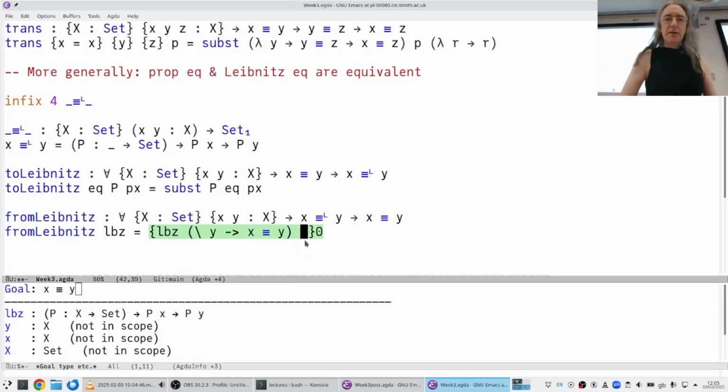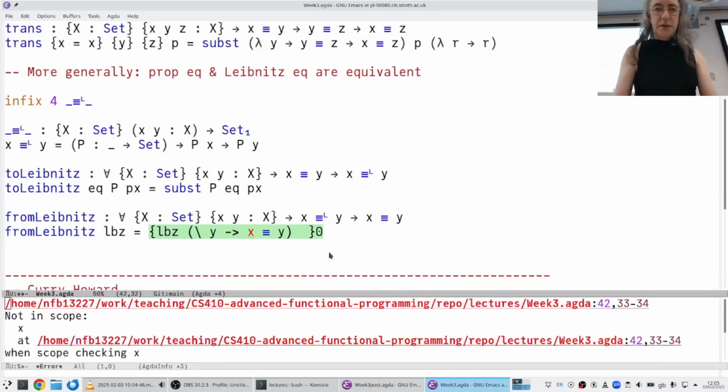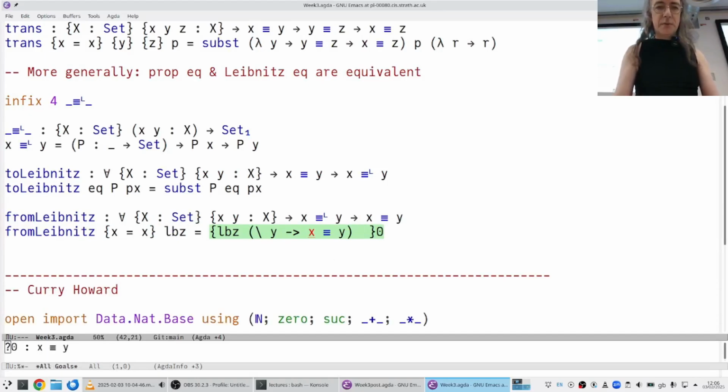I paste it in there, and I say, what have I got now? Oh, and then of course I need X to be in scope. That's okay, I'll bring it into scope.